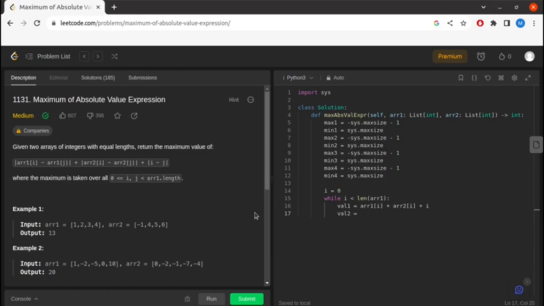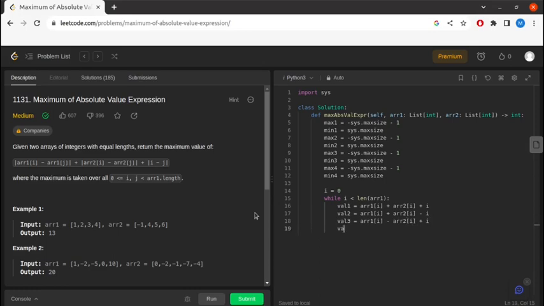Similarly, val2 is basically the same thing. From the equation I'm taking it up. I'm not switching back and forth, I'm just directly writing it now, which is equal to arr1[i] plus arr2[i] minus i. Okay. Val3 is equal to arr1[i] minus arr2[i] plus i.